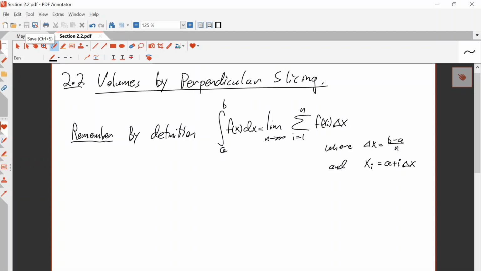Okay, so here's the basic idea for volume calculations using perpendicular slices.